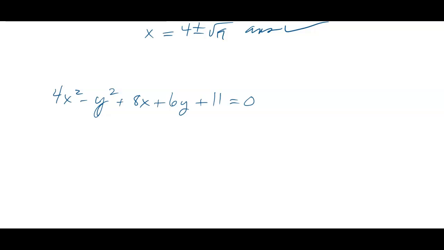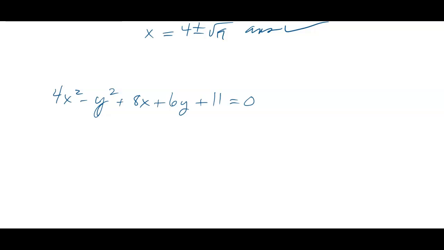When you look at your equation that's not in standard form, you should still be able to tell if it's a parabola, hyperbola, or an ellipse. Take a look at your terms that are squared. If there's only an x squared or only a y squared, then you've got a parabola. This one, notice, has an x squared and a y squared, so that leaves you with the ellipse or hyperbola.